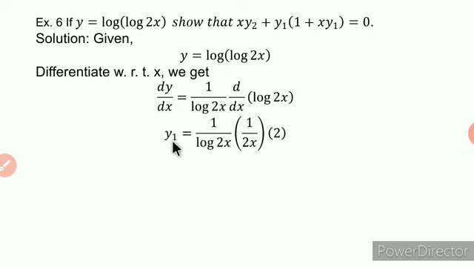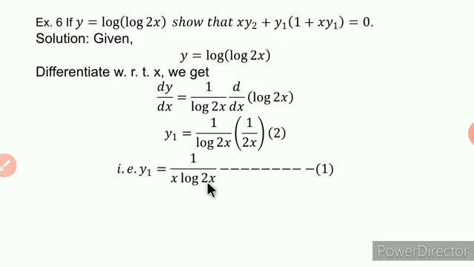Therefore dy by dx is y1, so we get y1 is equal to 1 upon log 2x into 1 upon 2x into derivative of 2x is 2. This 2 gets cancelled, so we get y1 is equal to 1 upon x log 2x. We call it relation number 1.